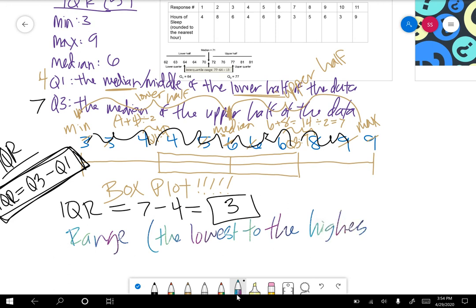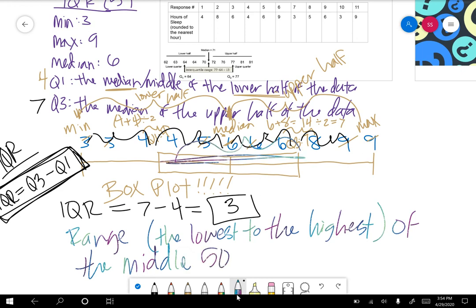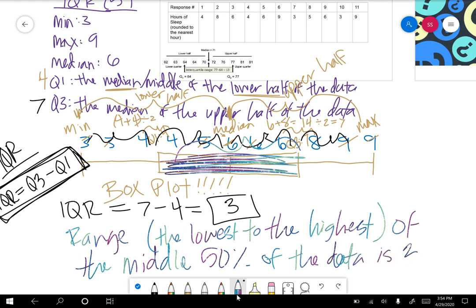Range. The range of the middle 50%, right? That's 50% right there. Middle 50% of the data is 3 hours of sleep.